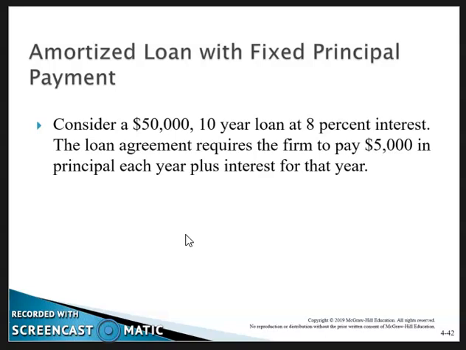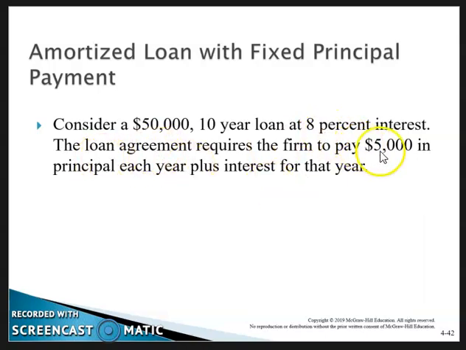Amortized loan with fixed principal. In this example, it's a $50,000 loan, a 10-year loan at 8%.